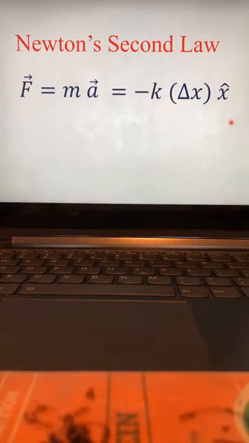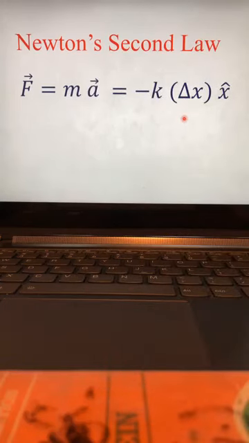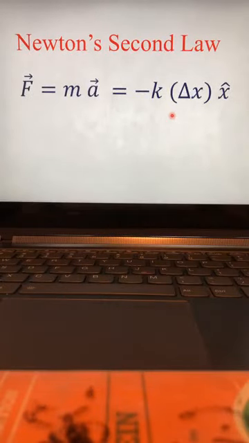Now if you watch very carefully, delta x, the stretch or compression, has the unit of meter. Force is in Newton, so k must be in Newton per meter. That is the force required to stretch the spring by 1 meter, right? 1 meter of stretch is actually very large.